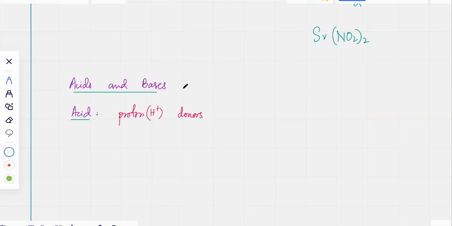In simple words, it's a molecule that is capable of producing H+1 ions, or giving away, or donating H+1 ions. So any molecule that's capable of doing that, that's an acid.